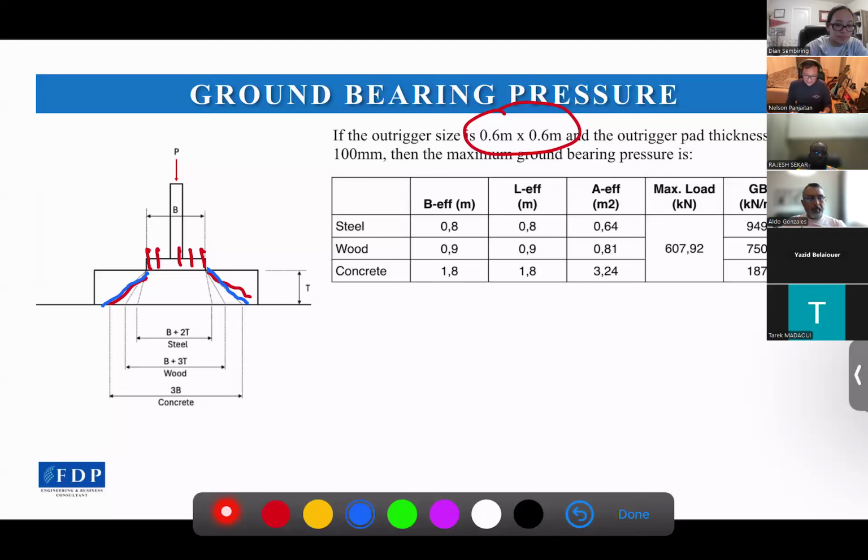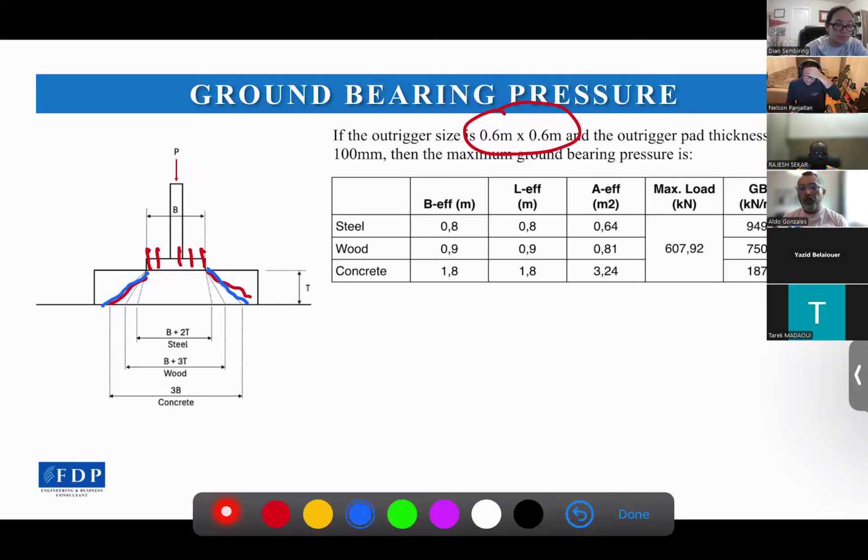In this case, for steel bearing pad, we get 949.9 kilonewton per square meter. For wood, we get 750.5. And for concrete, we get 187.6 kilonewton per square meter. So that's how we calculate the ground bearing pressure for the outrigger crane.